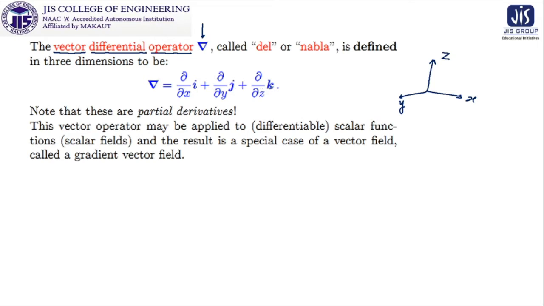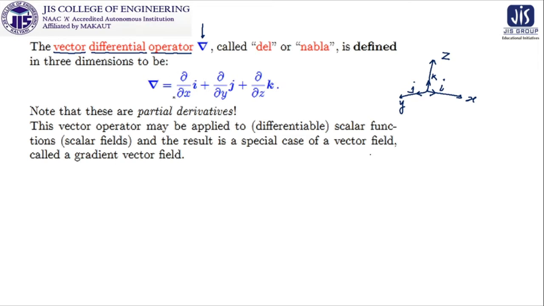All of us know what i, j, k are, but still we should mention that i is the unit vector in the direction of x, j is the unit vector in the direction of y, and k is the unit vector in the direction of z. So please concentrate on the definition.